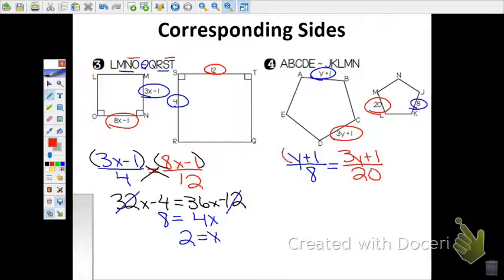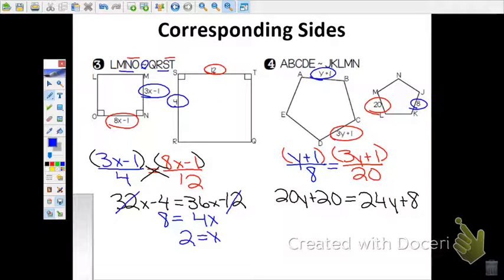So again, when I cross multiply, I need to distribute. So I have 20y plus 20 equals 24y plus 8. Then I want to solve.